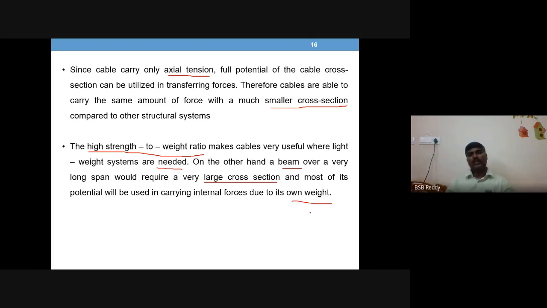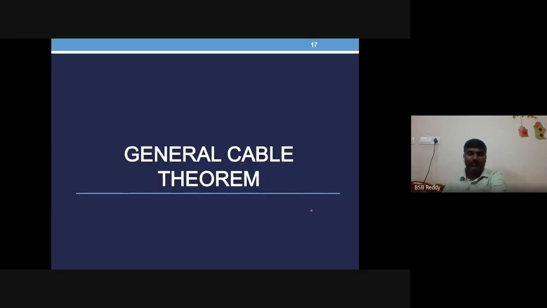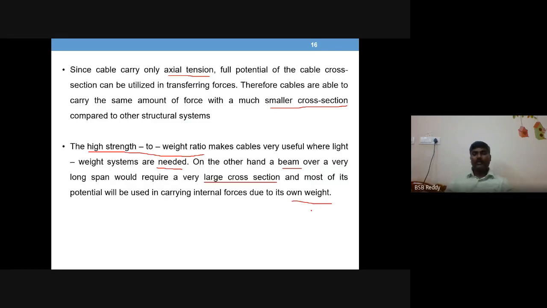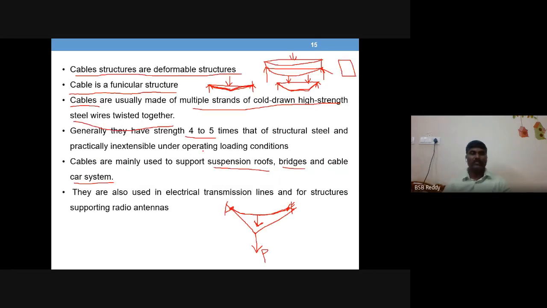So instead of carrying external loads, it needs to carry its own weight. That's a waste of cross section, a waste of money, right? That's a disadvantage of the beam having a very large cross section for large spans. So just to recall once again the characteristics of cables.